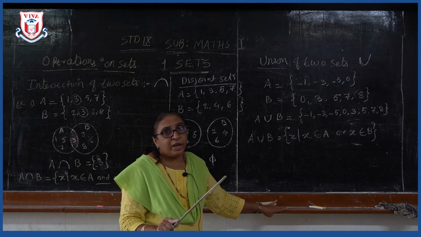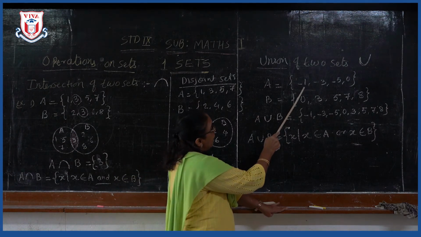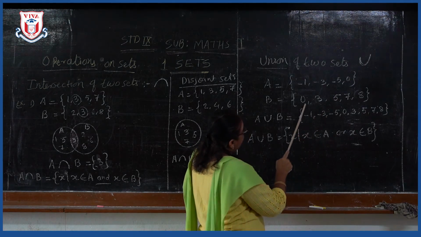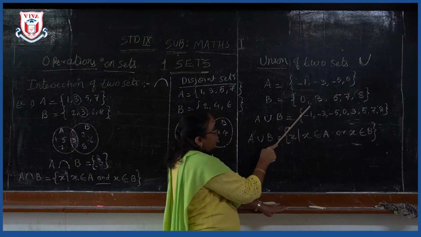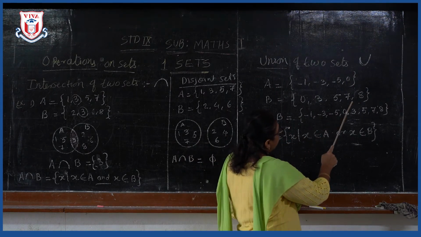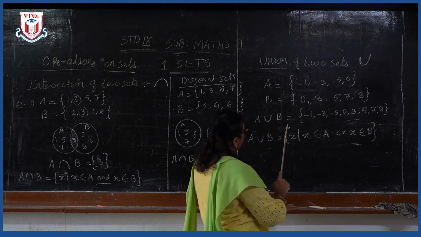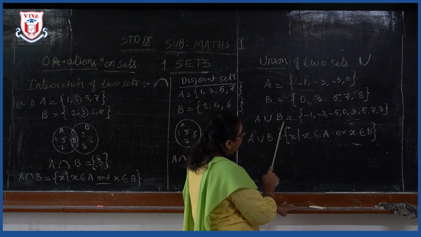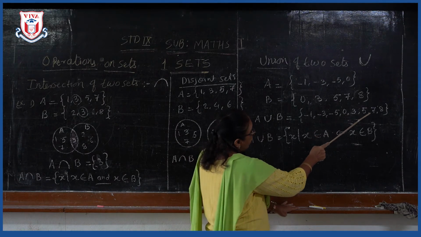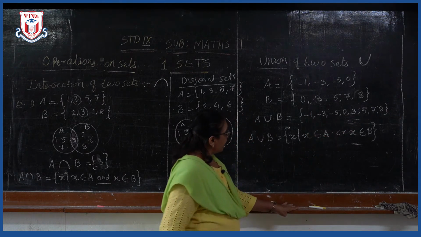Only one time we have to write. That means -1, -3, -5, 0 all are written. But 0 is repeated in both the sets, so it is written once only. Then 3, 5, 7, 8. So here you can see that A union B is -1, -3, -5, 0, 3, 5, 7, 8.